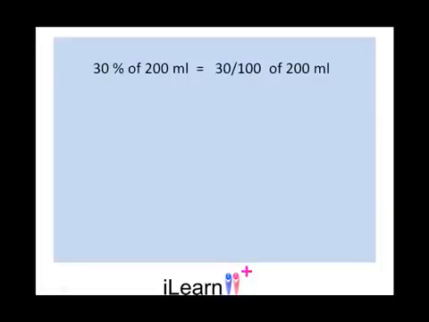To find 30% of 200 milliliters, you need to think about 30% as a fraction. 30% as a fraction is 30 over 100. 30 over 100 of 200 milliliters.